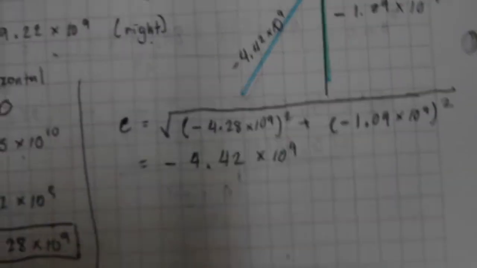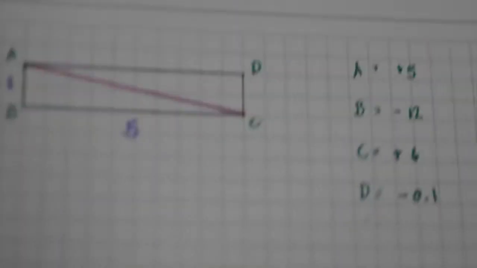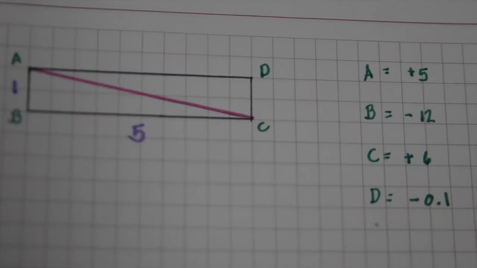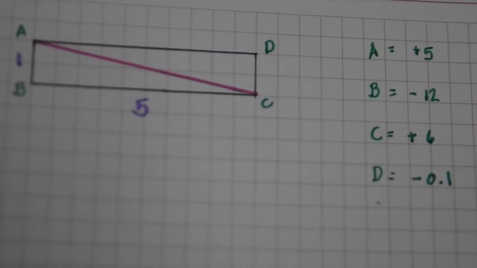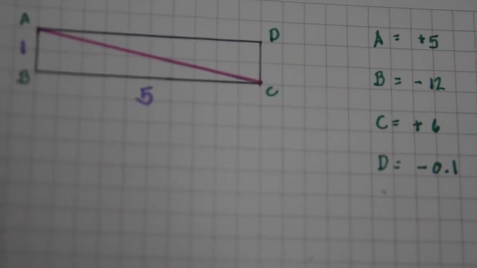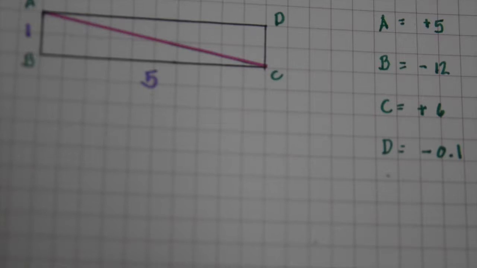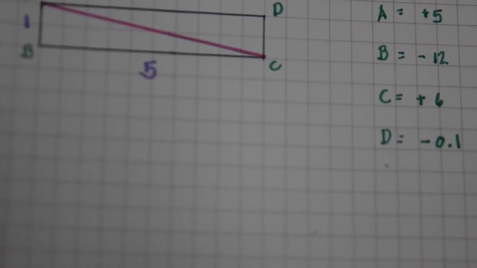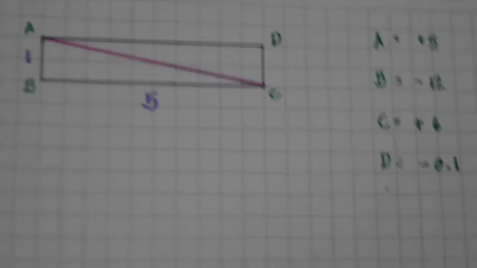So that is it, and let's now try solving another problem. This time, still a rectangle. We now have A, B, C, and D. A is positive 5, B is negative 12, C is positive 6, and D is negative 0.1.